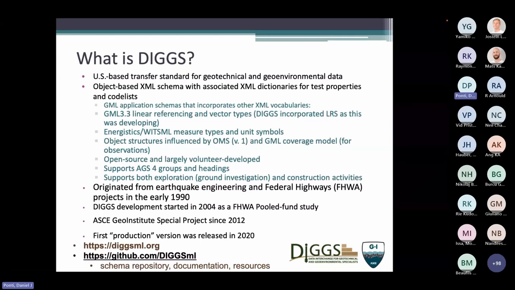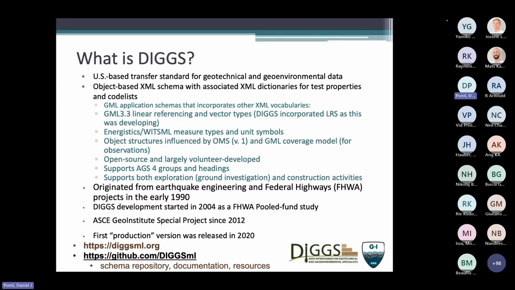A lot of DIGS originated in the early 90s from efforts that were underway in the highway transportation realm, as well as earthquake engineering, in terms of trying to disseminate information in a standard fashion. There were all sorts of ways of doing that back then.